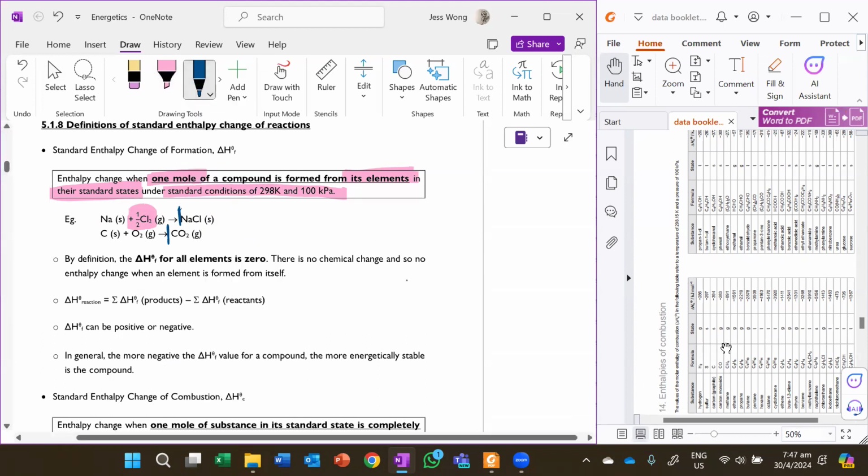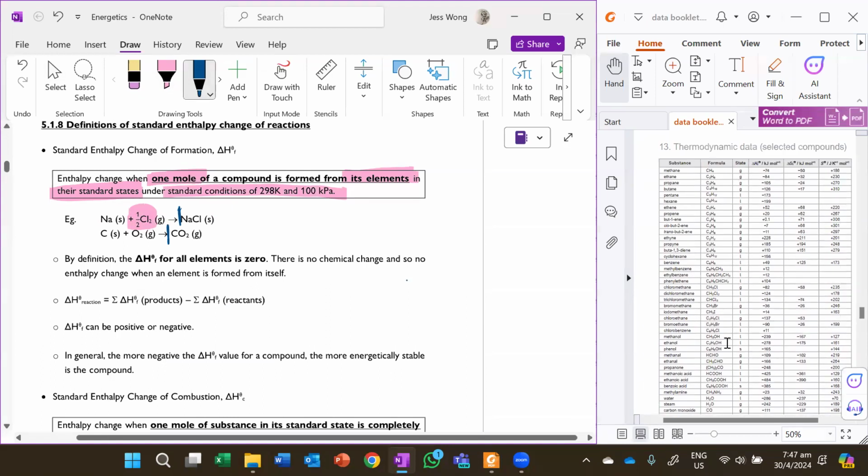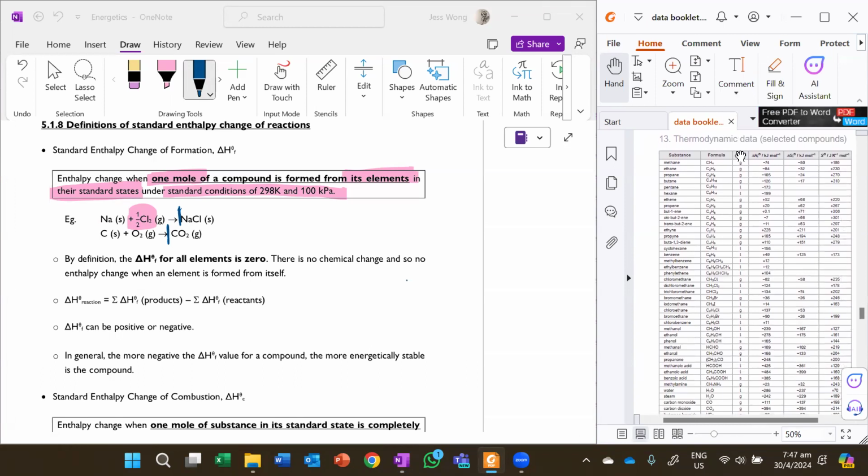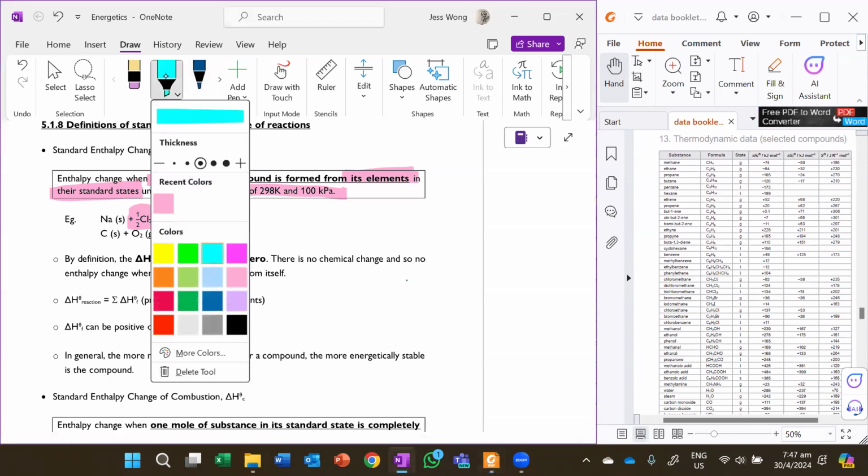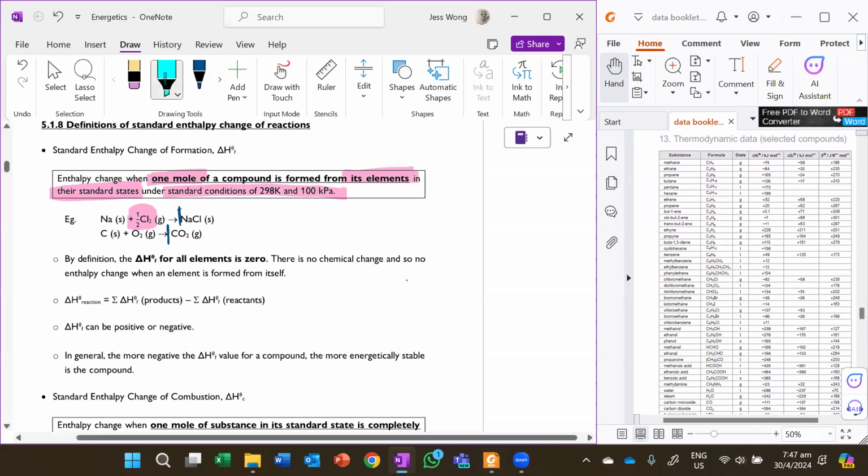In the data booklet table 13, you will be able to see the enthalpy change of formation of all the substances that you are encountering, but you will not be able to find the enthalpy change of elements, because the enthalpy change of formation of an element is 0. Why is it so?